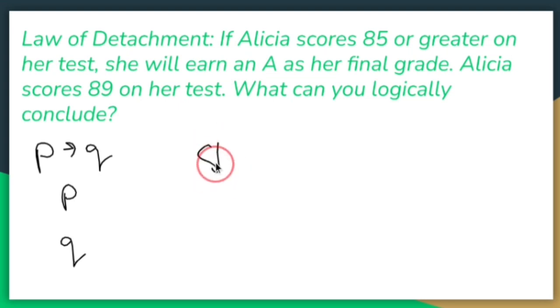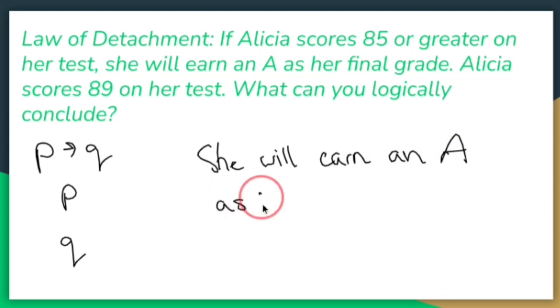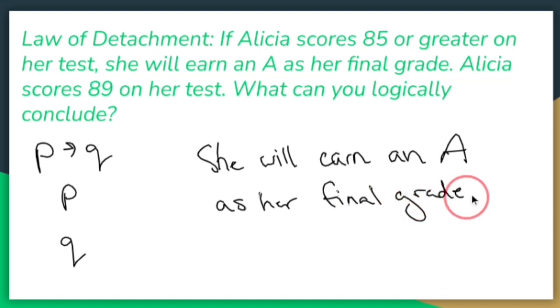She will earn an A, make it a big A, as her final grade. So law of detachment, kind of stupid. That's why this is called gross geometry, because gross geometry is kind of stupid, but logical. So there you have it.